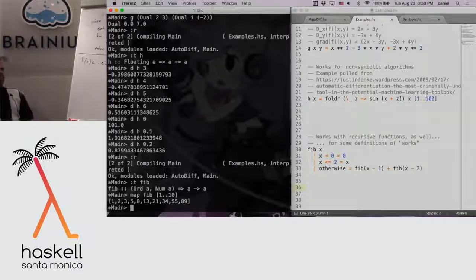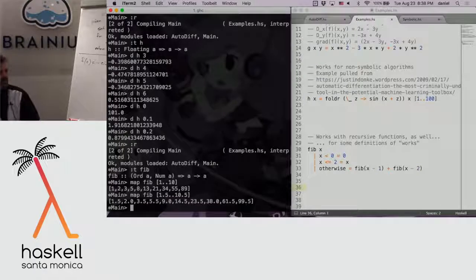So we get, okay, it doesn't start out right. It should be 1, 1, 2, 3. But eventually we start getting the Fibonacci numbers from this. It works anyway, because we have a function that agrees with the Fibonacci on integers, but we can also plug decimals into it. And we can take the derivative.